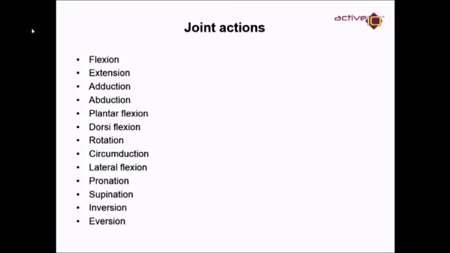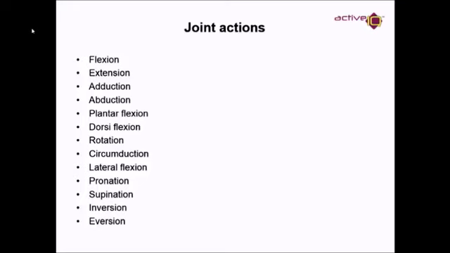We then have rotation and circumduction, and these two can be quite easily confused. Rotation is turning your head from side to side, rotating your head. That's rotation. If we put our hands out by our sides again and make little circles, that's circumduction. So rotation is the whole body moving.